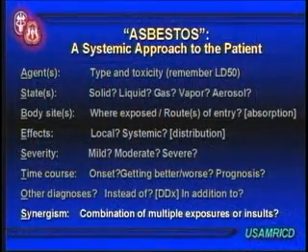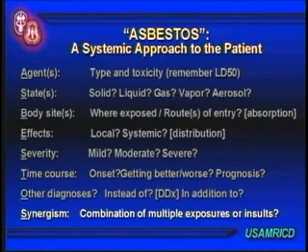Patients who are at least semi-conscious almost always have a psychological overlay, in addition to whatever other diagnoses they may be carrying. And finally, if there is more than one diagnosis, and there usually is, we have to ask ourselves the last question, the S question in ASBESTOS. Is there synergism or interaction between the diagnoses that we've made?